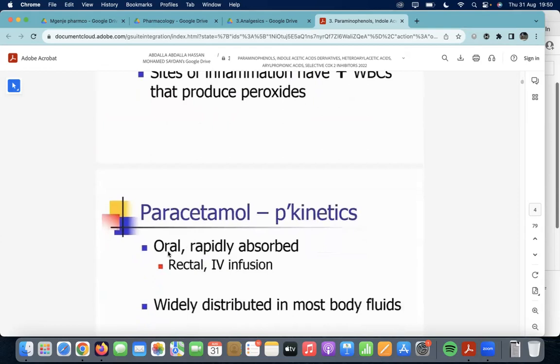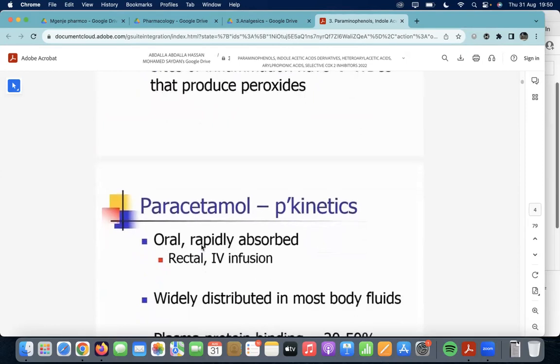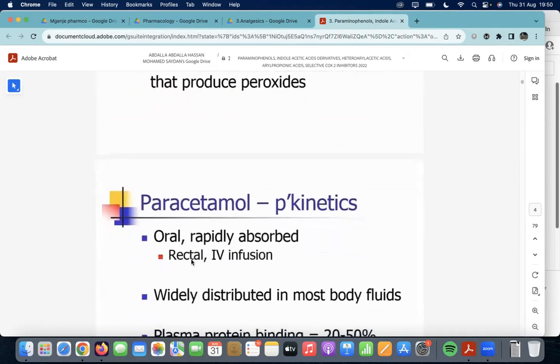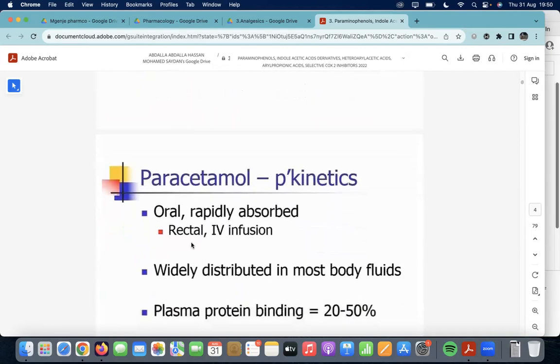Panadol and Mara Moja have paracetamol as the active ingredient, so they're taken orally and rapidly absorbed. They can also be given rectally or by IV infusion. I didn't know you could give paracetamol through suppositories, but it turns out they can be given rectally.